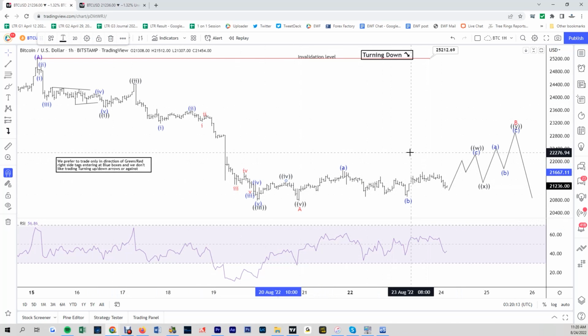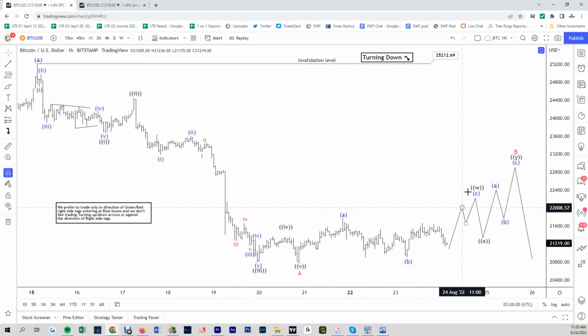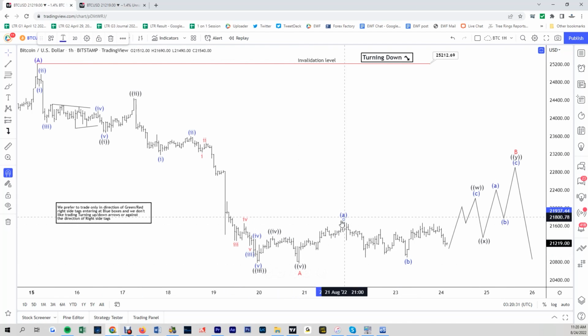Otherwise, because we see a divergence here, there is a possibility that we can do further upside to correct this decline, because so far the correction looks to be still a little bit too shallow, this leg here.